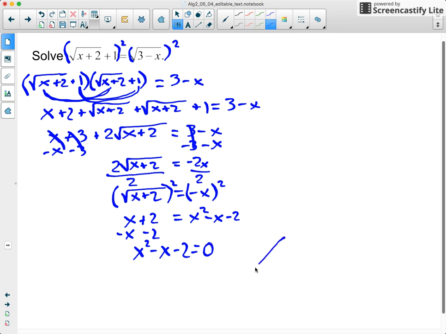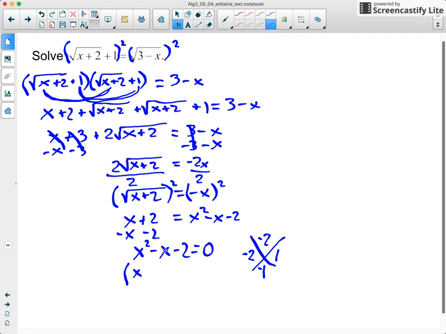So if you think about your factors of -2, we're looking for factors of -2 that add up to -1. There's only 2 and 1 that are factors of 2. And if we want to get a -2, one of them will be negative. In this case, it'll be the 2. And that helps describe what the binomials will be.